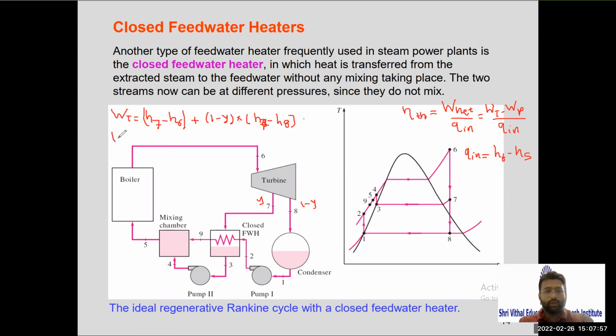What will be the total pump work? Pump work will be equal to pump work 1 plus pump work 2. In this case, again, you have to multiply pump work 1 by the mass flow rate.